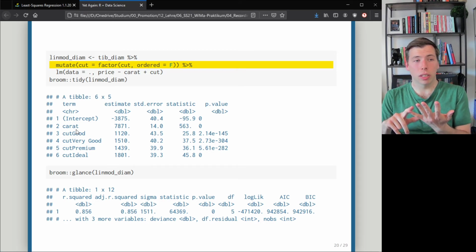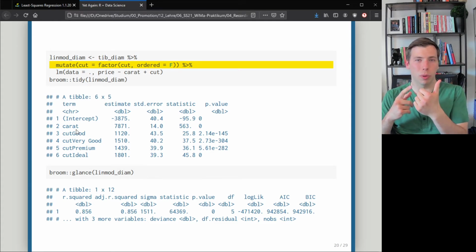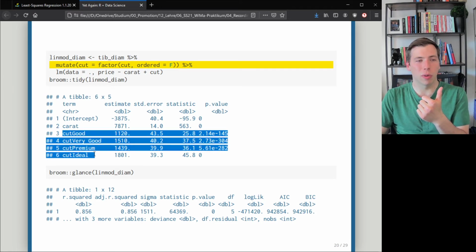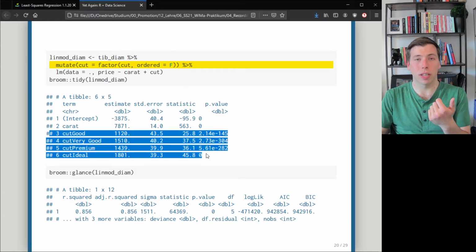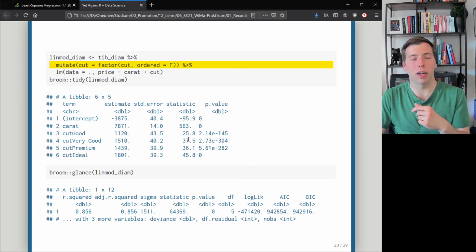And of course, if it's 0 on 4 of those, it needs to be 1 on the remaining one. And this is why there are only 4 dummy variables here, because if all of these are 0, then of course I know I have a fair diamond, and this is basically how this works.